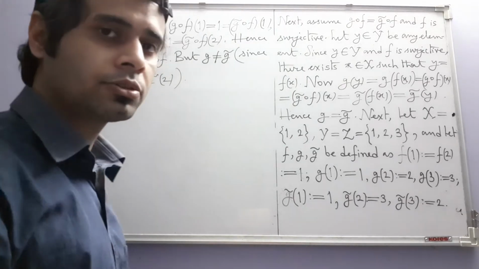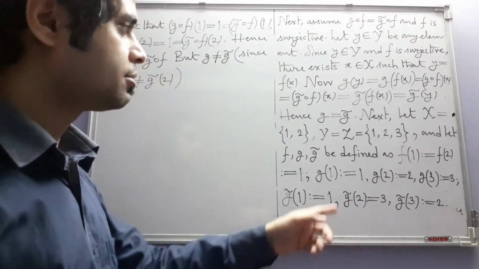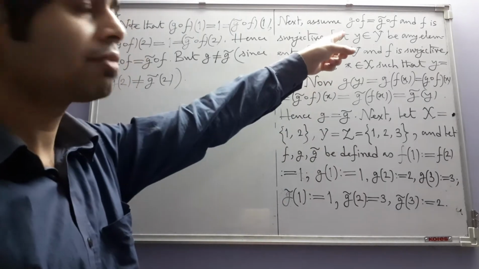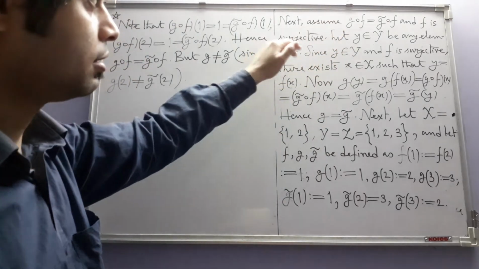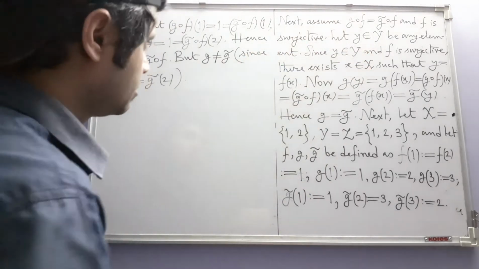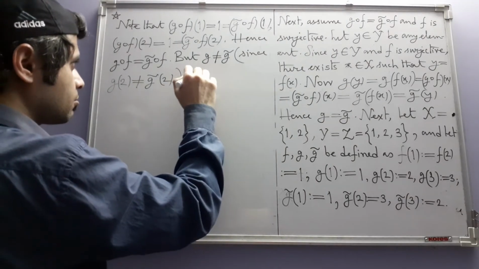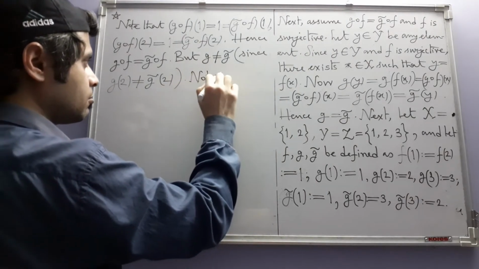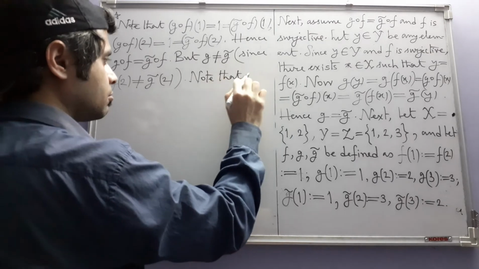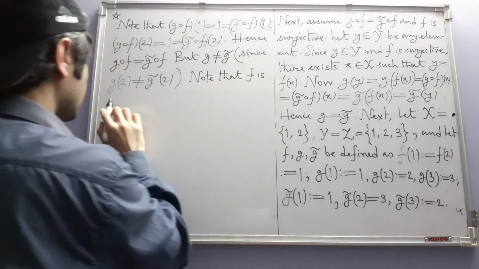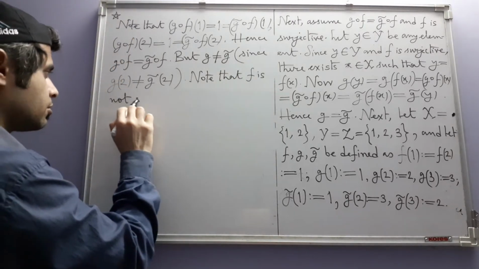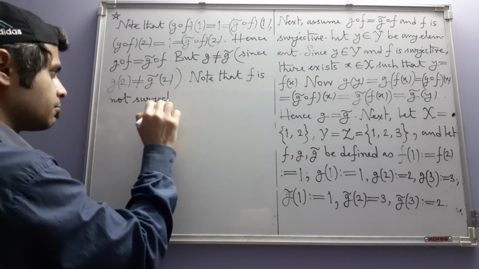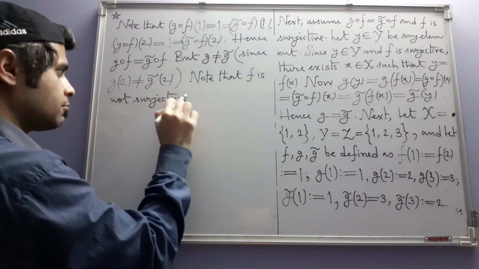And what has gone wrong in this case? F is not surjective, because otherwise we have proved that we can cancel to have g equal to g tilde. Note that f is not surjective.